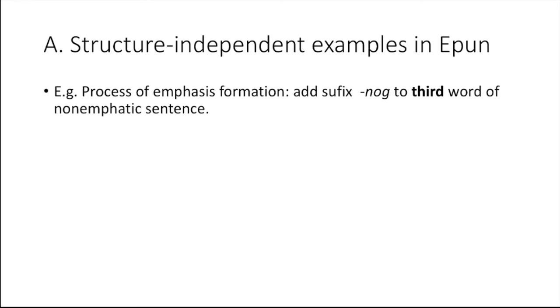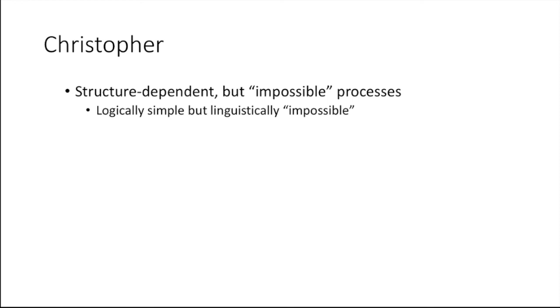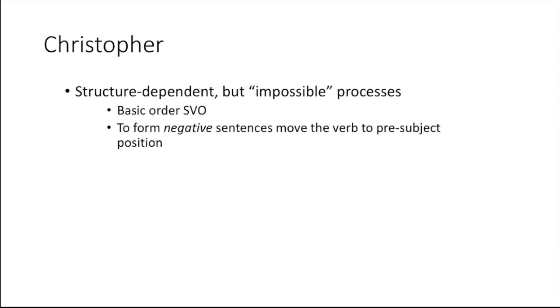Now, in the case B, structure dependent but impossible processes would be, well, we have a case that is logically simple but linguistically impossible. For instance, in Ipan, you have this basic word order, subject, verb, object. And so to form a negative sentence, the rule is to move the verb to the pre-subject position. And why is this impossible?